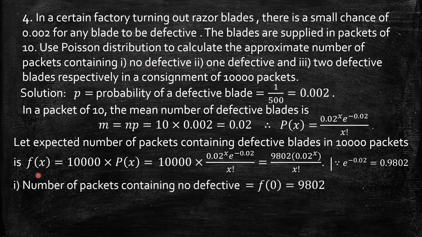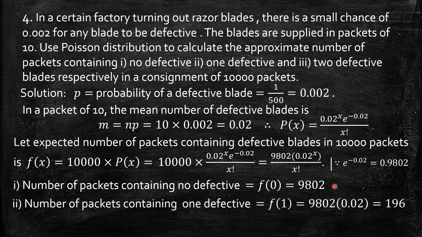So now I can go for each. No defective means x takes 0. So the number of packets containing no defective out of 10,000 packets means f of 0. If I substitute, that gives 9,802 into 1, since 0.02 power 0 by 0 factorial is 1, so we'll get 9,802. What about the next one? Number of packets containing 1 defective, f of 1. 9,802 times 0.02 power 1 by 1 factorial, which is nothing but 9,802 times 0.02, that is 196.